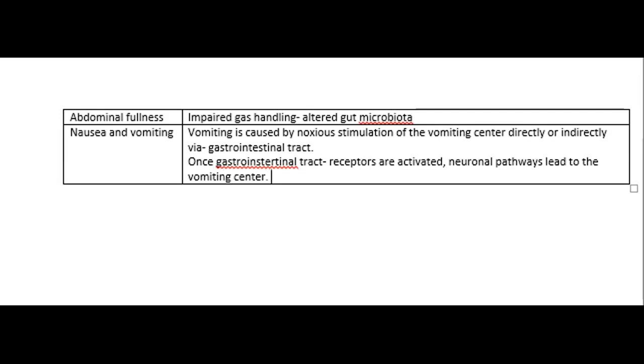The neuronal pathways travel along the afferent fibers of the cranial nerves, that is the ninth cranial nerve, the glossopharyngeal nerve, and the tenth nerve, the vagal nerve. They carry the response from the GIT to the vomiting center.